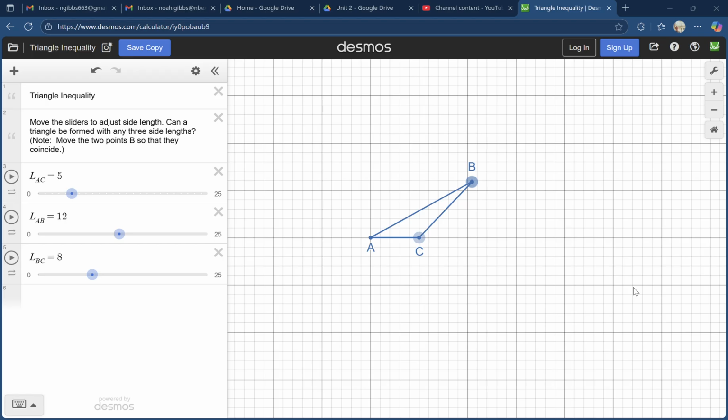The value of 8 worked, so any value has to be greater than the difference, which is 7. In other words, the value has to be greater than 7.